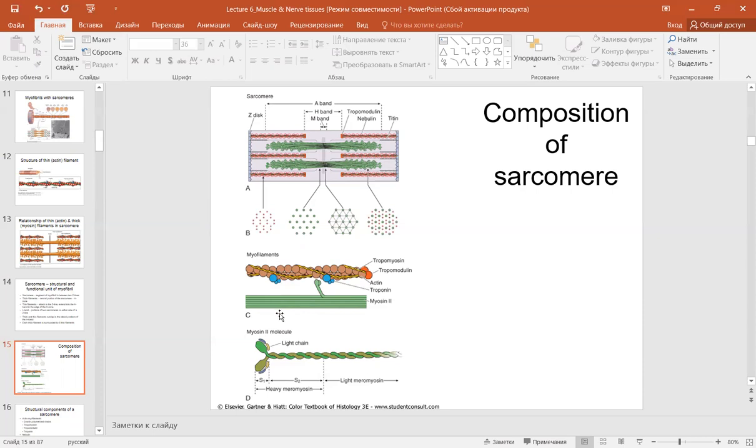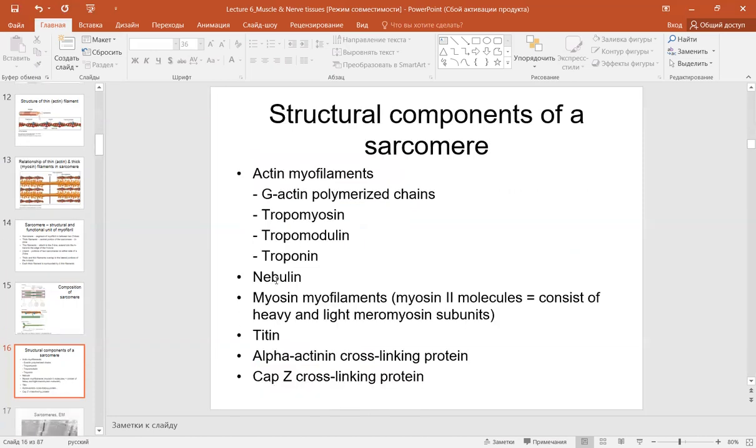Here is the thick myosin filament structure with the light chain and heavy meromyosin, and light meromyosin components, which are forming such a globular structure, which is responsible for the sliding phenomenon of the actin filaments with respect to myosin filaments. The rotation of the heads of the myosin filaments is moving actin filaments in the direction of the M line.